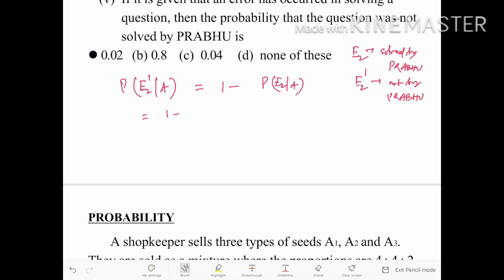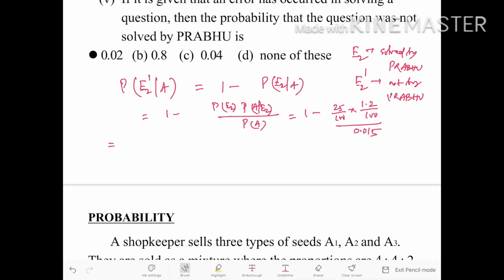So this is nothing but 1 minus probability of E2 condition to A will be probability of E2 into probability of A condition to E2 by probability of A. This is 1 minus probability of E2 is given 25 by 100. Probability of A condition to E2 is given 1.2 by 100 divided by 0.015.